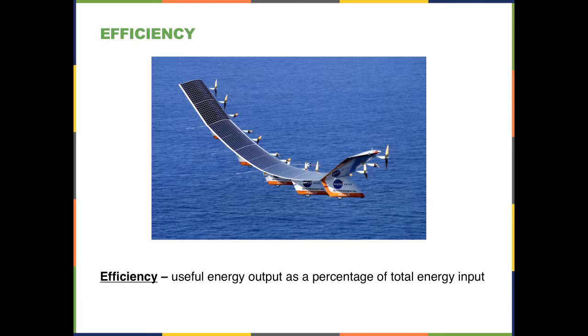But then there's a total, which is always greater than the useful. And the difference between those two in a percentage situation is known as the efficiency. It's the work output, it's what we accomplish divided by the total energy input times 100.